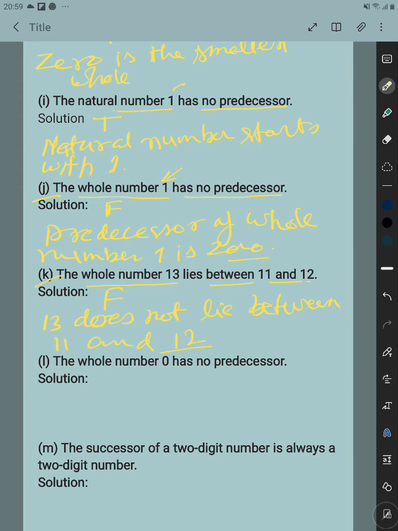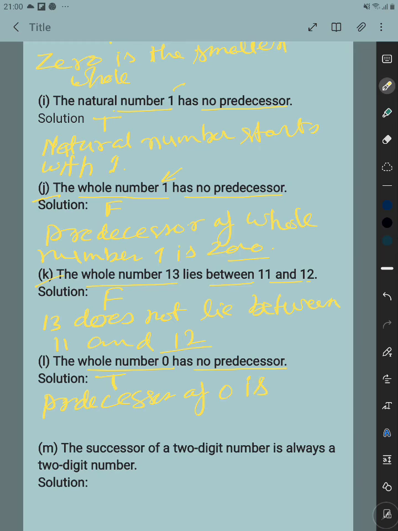Now, whole number 0 has no predecessor. It is true. Why? Because whole numbers start with 0 only. If you want to find the predecessor of 0, you need to subtract 1.